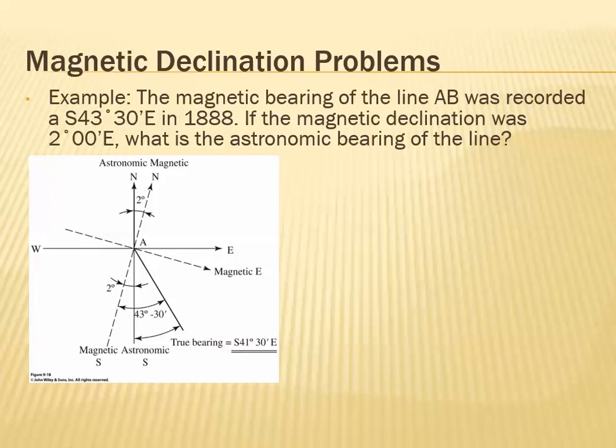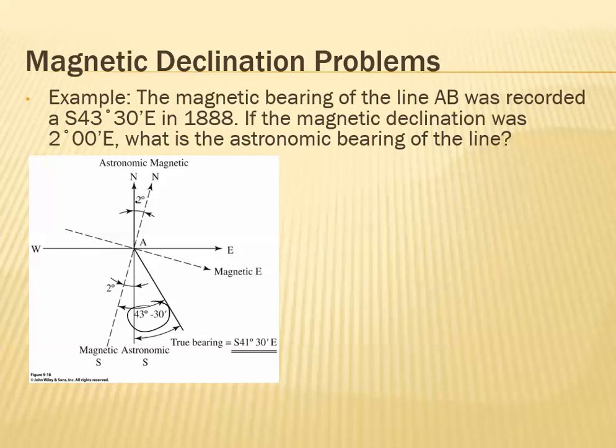So if you want to find the astronomic, it's asking you for the astronomic bearing. You want to find this information. So right here I have it in the example. So all it is, is figuring out that this is shifted, and since you were being given this bearing between this line and this fake pole, all you needed to do was subtract 2 degrees.